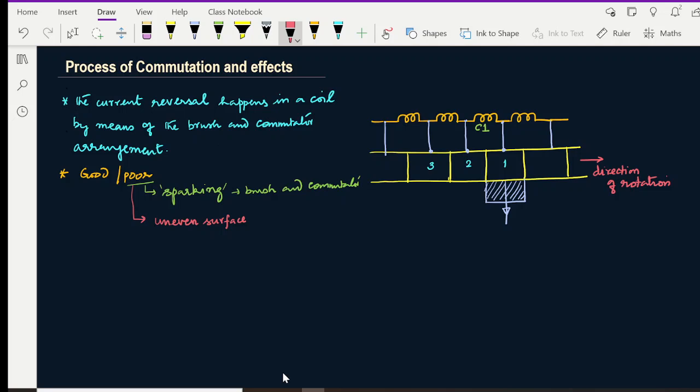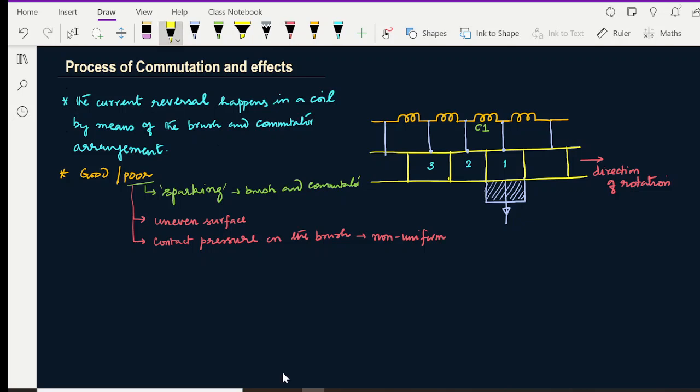It is due to the friction between the brush and the commutator contact. And there is another one: the contact pressure on the brush may not be uniform, or I can say it is non-uniform.